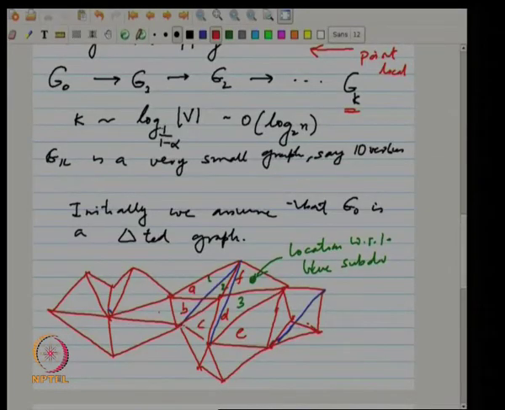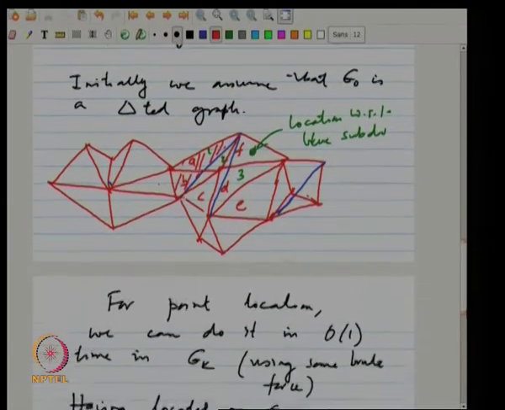Let us say triangle 1 intersects triangle A of the red triangulation and triangle B of the red triangulation. I am just talking about this particular portion. This is a blue triangle, and this blue triangle intersects A and B.